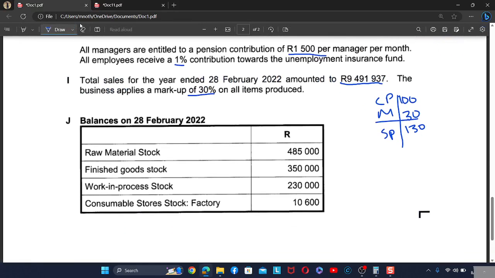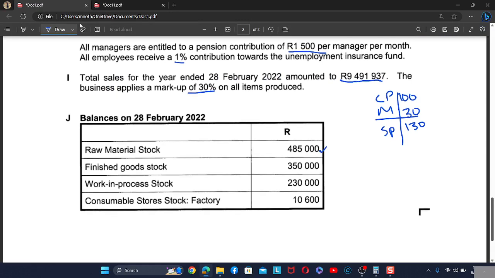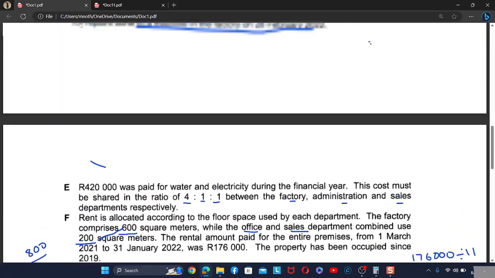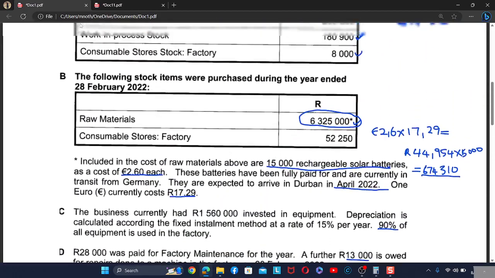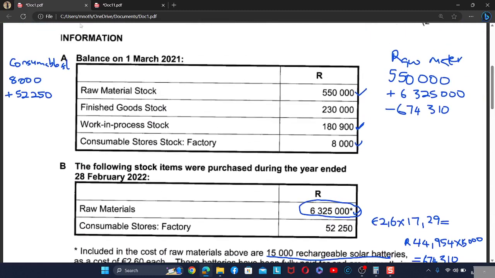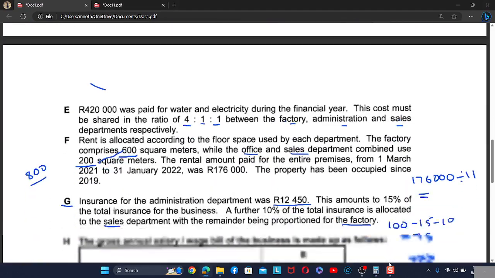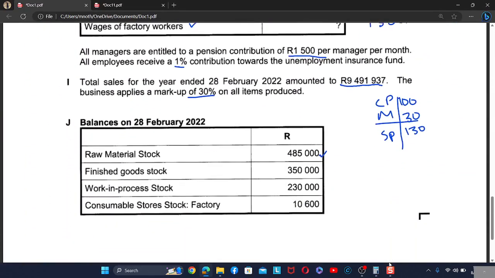And then now the balance is on 28 February 2022. For the raw material stock, we are given that at the end of the year, it is 485,000, right? Looking at this, let's calculate. This means that some of the raw material stock was transferred to the work in process.